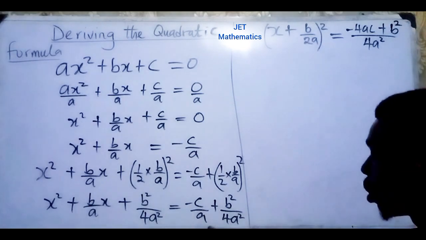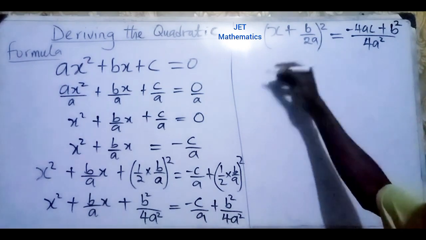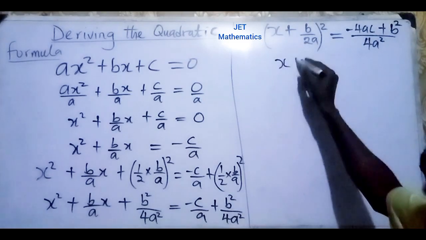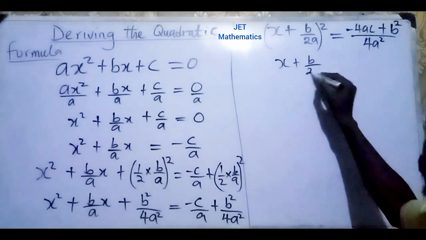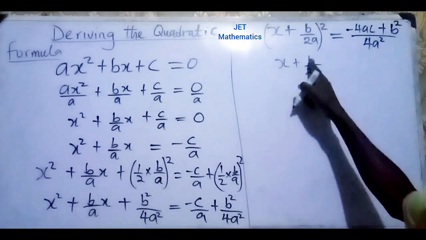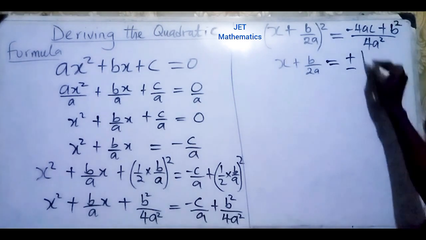Now the next thing we'll quickly do is take the square root of both sides. The square root takes away the square, so we have x plus b over 2a equal to plus or minus.